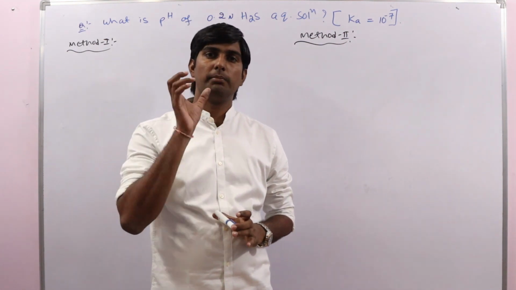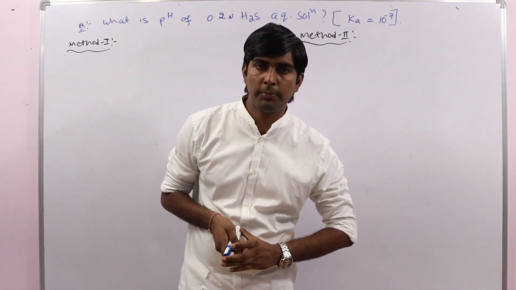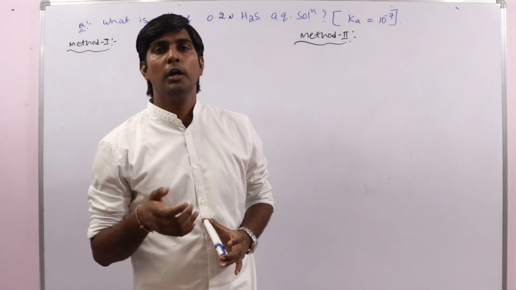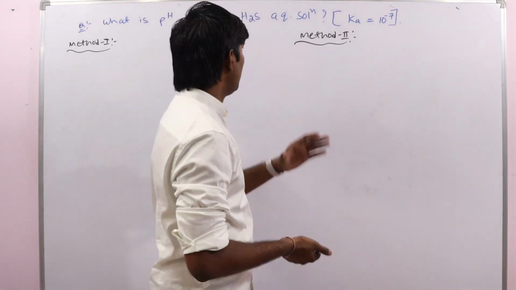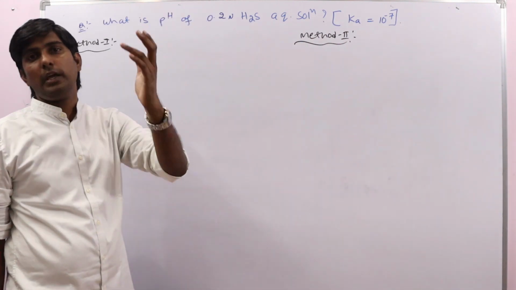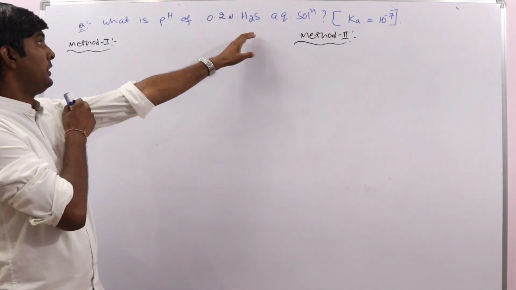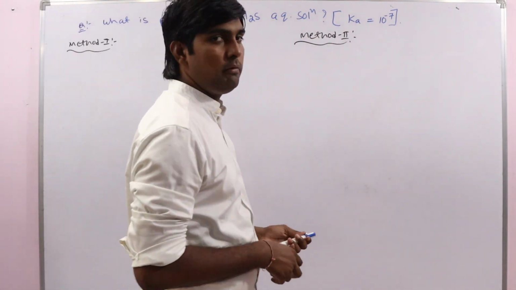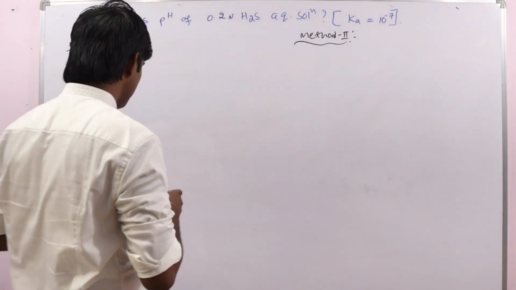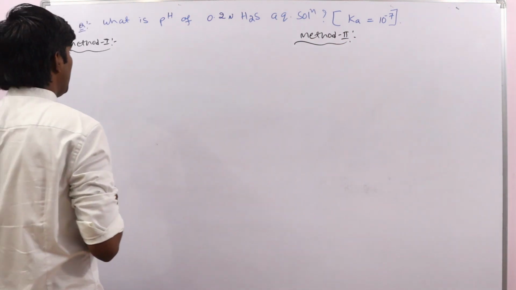Already we discussed in a separate video how to calculate pH of a weak acid and POH of a weak base. So now here H2S is a weak acid. So this pH can be calculated by using a different formula. So here we have two methods to calculate. It means we can use two different formulas.